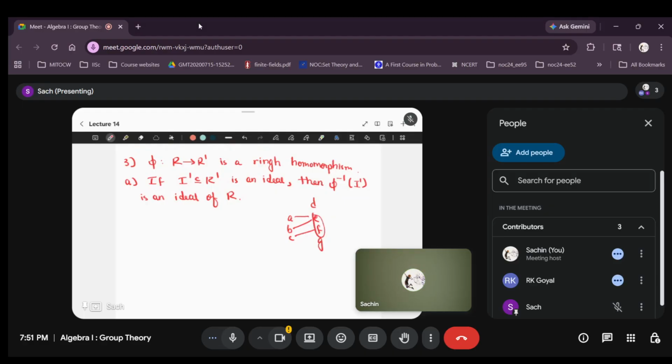So phi inverse of EF is ABC. Phi inverse of simply D is what?